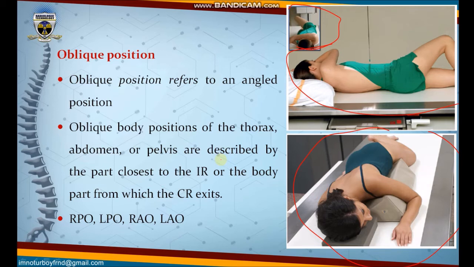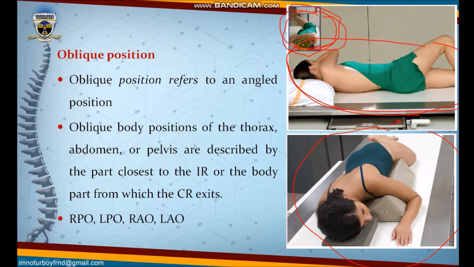RPO refers to right posterior oblique. Right posterior oblique means that the right posterior part of the patient is placed in contact with the IR. Sorry, this image is the LPO, not the RPO.